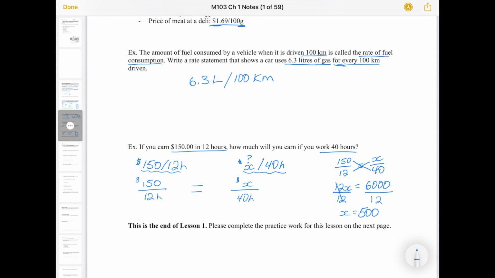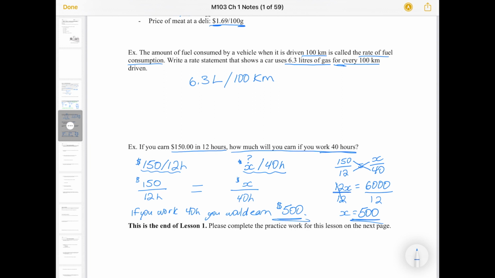All right, so bringing that back into the question, how much will you earn if you work 40 hours? Right? If you work 40 hours, you would earn how much? Remember your units now, $500.